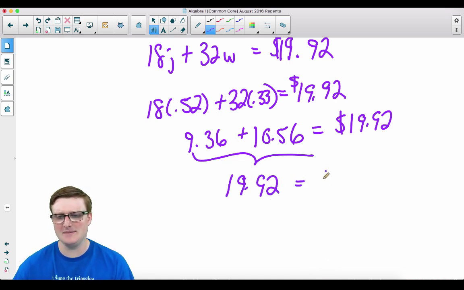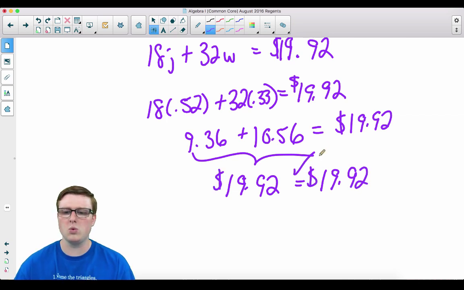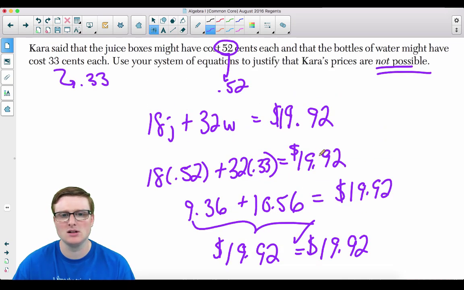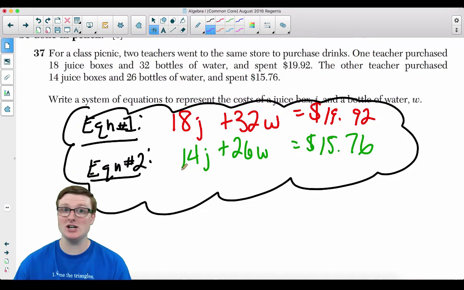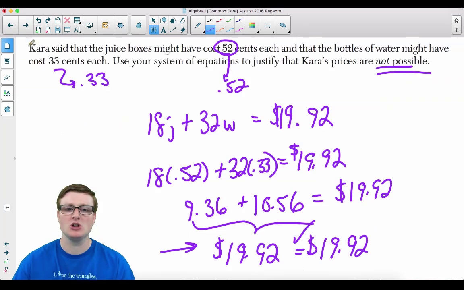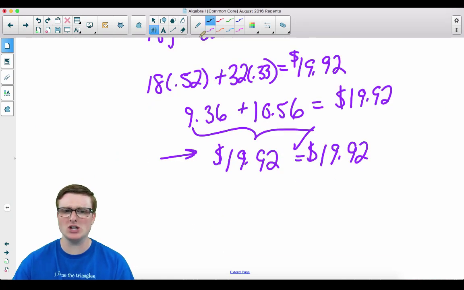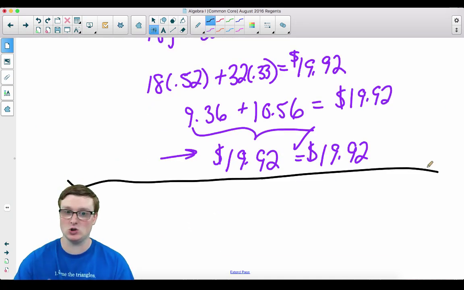What are they talking about? They're equal. So why are they saying that it's not possible? So Kara's correct in terms of this equation. But there is a second equation that we need to test. So you actually had to test both equations to see if they work. Let's test the second equation.